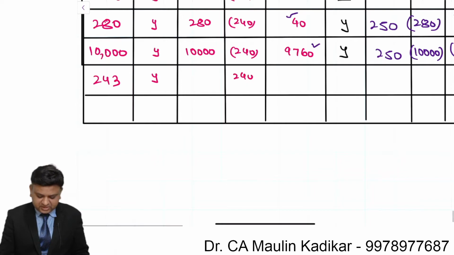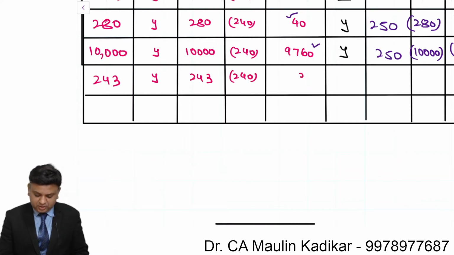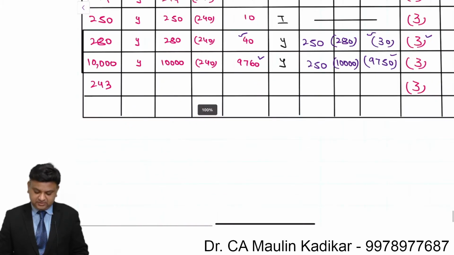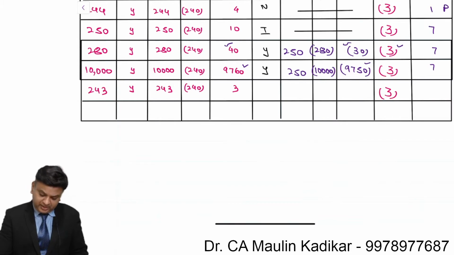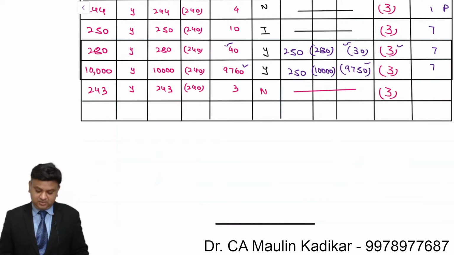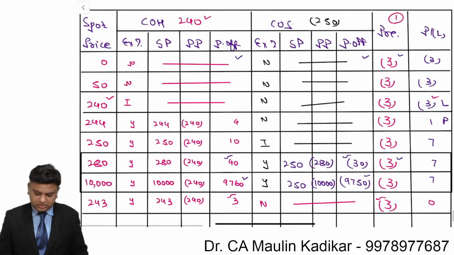You purchase the security at 240, which has a value of 243, so there is a payoff of 3 rupees. 243 is not exceeding 250, so in that case the amount of the payoff will be 0, because he will not exercise his right. 3 rupees minus 3 rupees, so overall a situation of no profit, no loss that you will have.